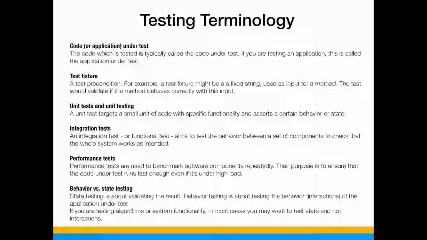And that means how components interact with each other. That also means how something is being clicked. For example, if you have an application, it tests how system A works with system B and system C, or all the dependencies of the system are working together.